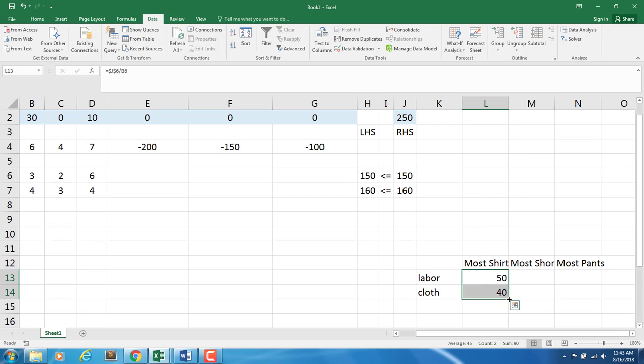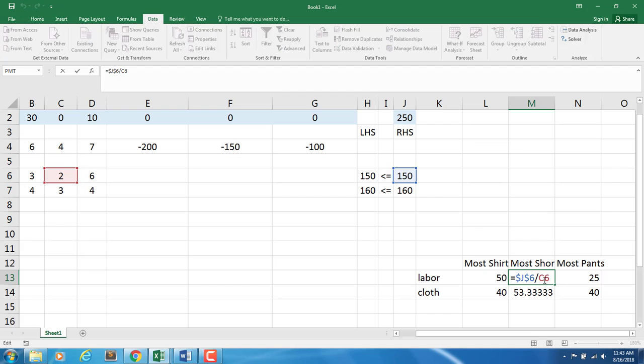And let's see if this will work. See if I anchored it right. So this is 75 is the most, 53.5, 25, 40, right?